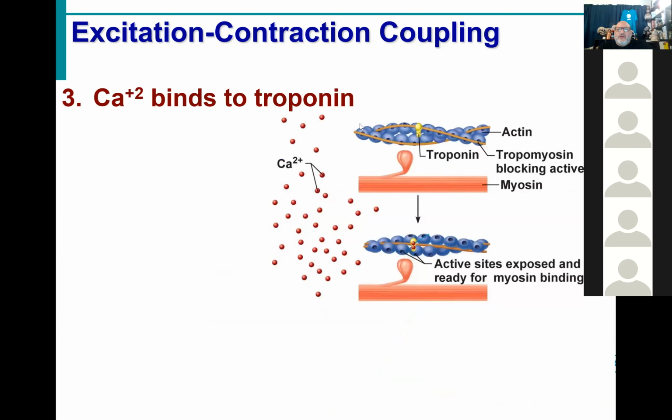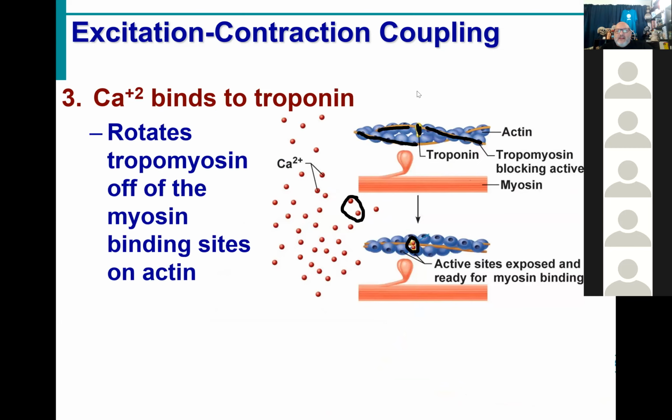Notice here we get an up close look at our myofibril, and notice in its resting state, our troponin is sitting on top of our tropomyosin. And our tropomyosin is blocking the binding sites of our actin. But when the calcium is released, the calcium binds to the troponin, and the troponin changes its shape.